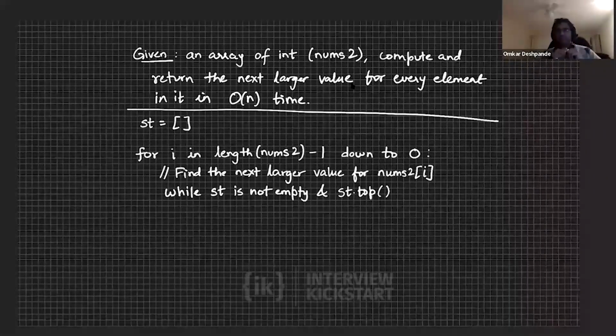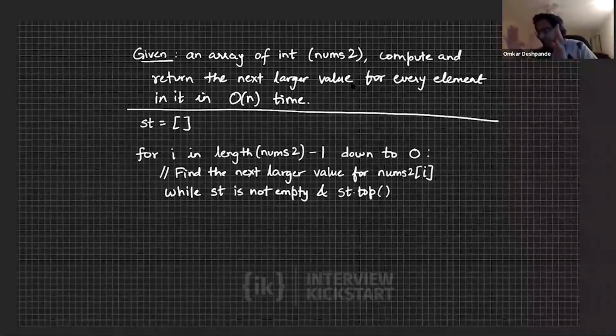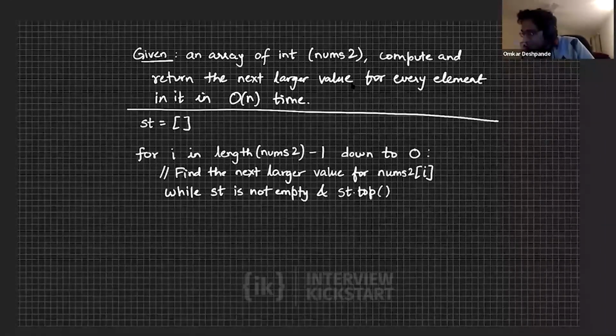Maybe the next larger value, well, can it be the same? Well, it can't be the same, right? The next larger value can't be the same.